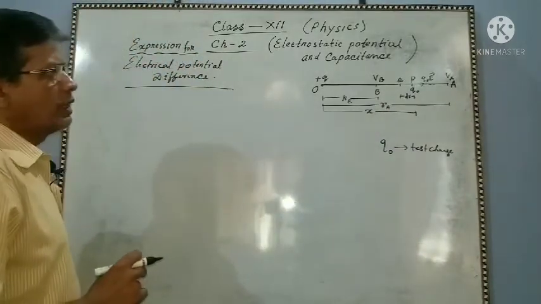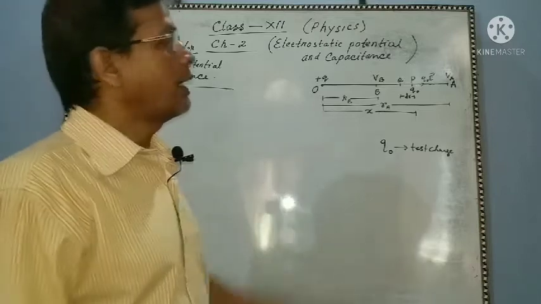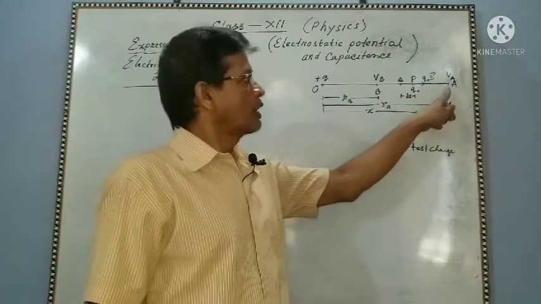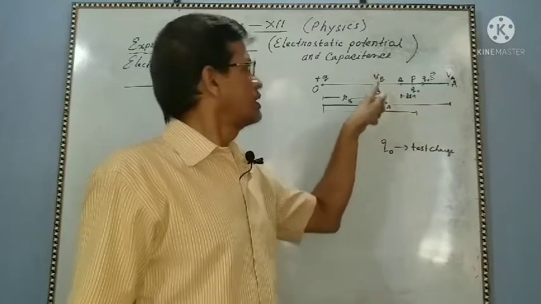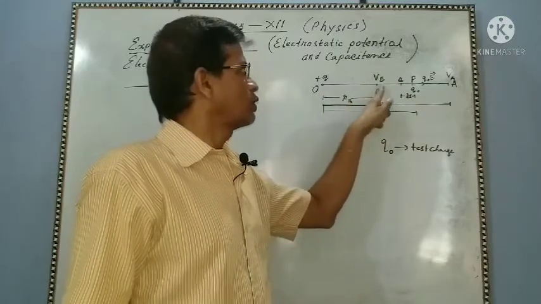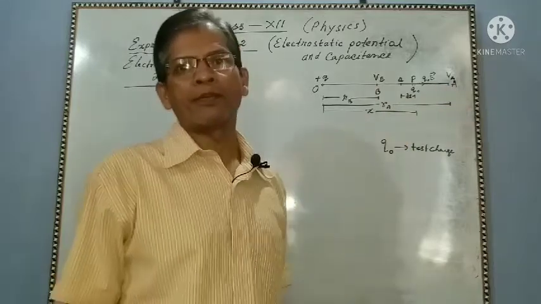Also, the potential at point A is VA and the potential at point B is VB. Since this distance is less, VB is greater than VA.